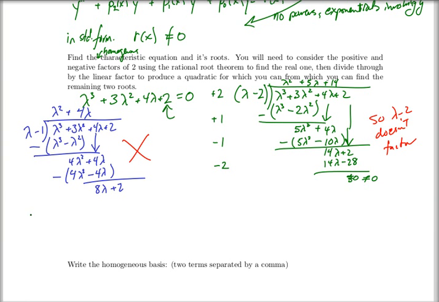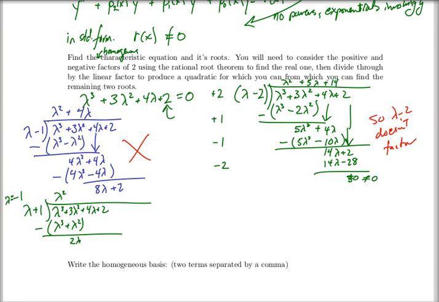Lambda plus 1. So this is the lambda equal to minus 1 choice here. Hopefully that one's good. Lambda cubed plus 3 lambda squared plus 4 lambda plus 2. This is going to be a lambda squared, lambda cubed plus lambda squared, which we're subtracting.